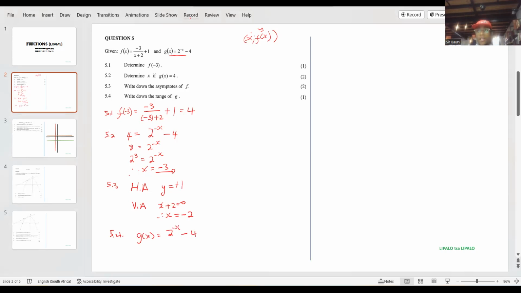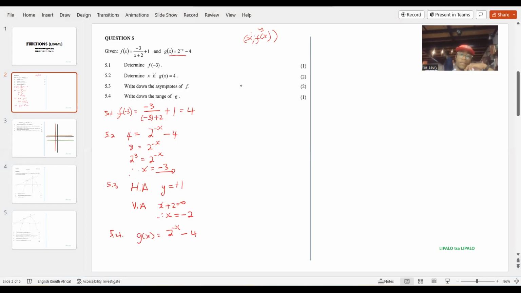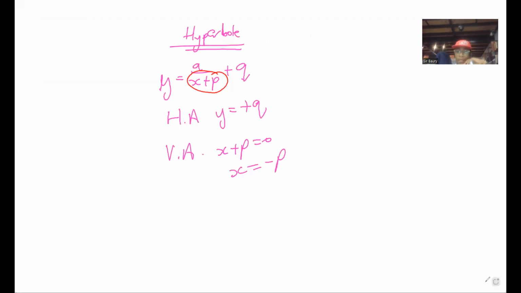This is how you get confused, so let's break this down quickly. For an exponential function, generally for grade 11, y is equal to a b exponent x plus p, then plus q.